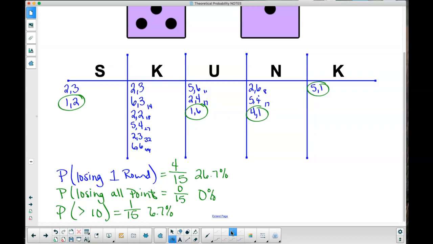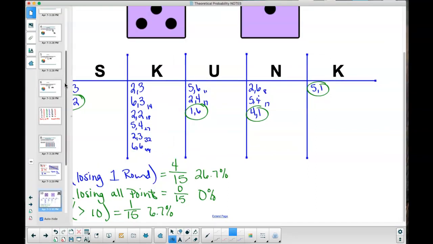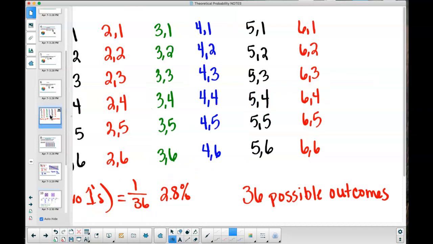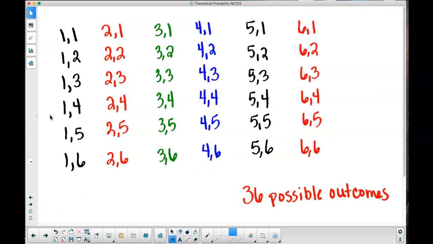Right here, there were 36 possible outcomes, right? The probability of losing all your points in a round, how many times could that occur? 11. Do you guys agree?